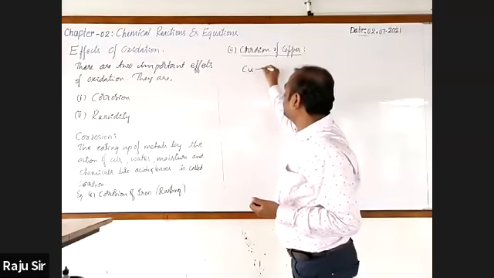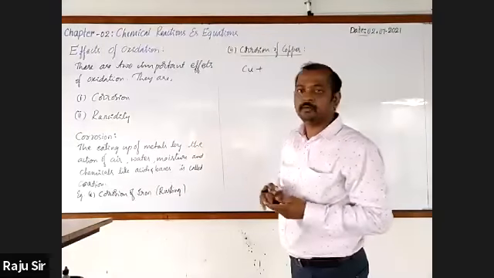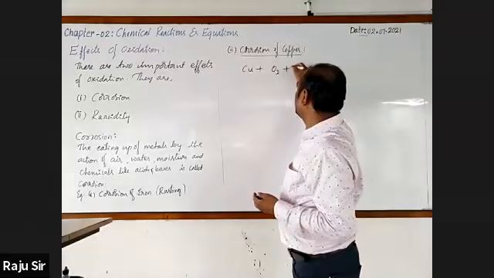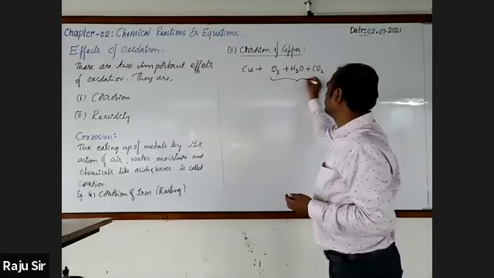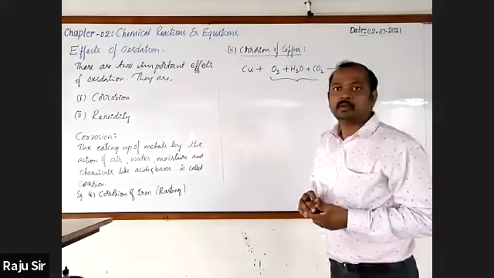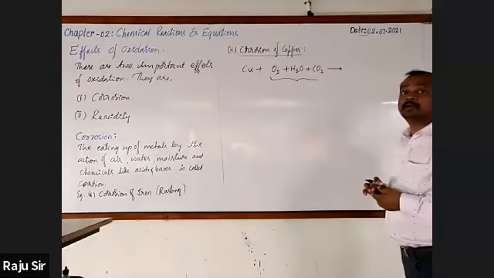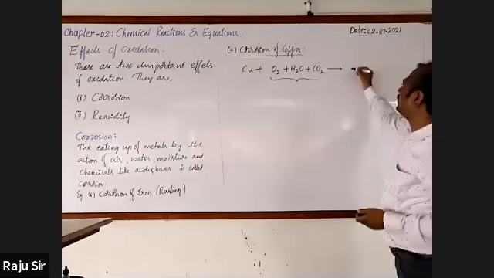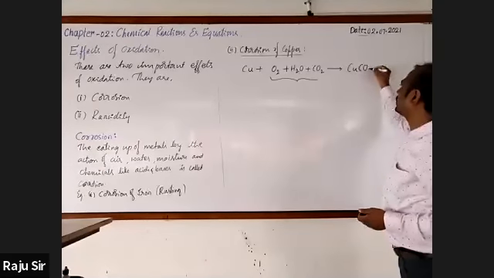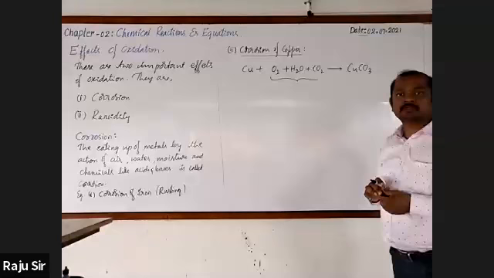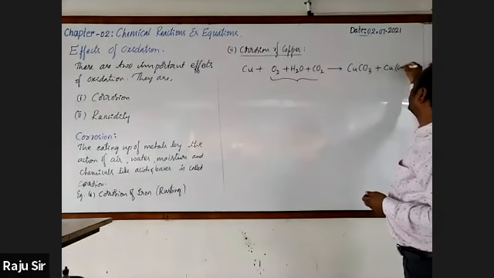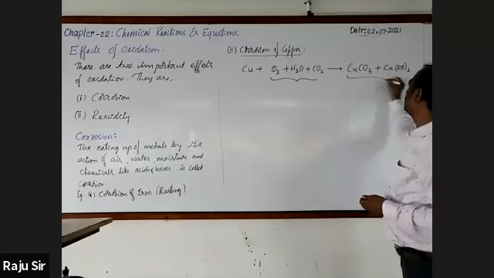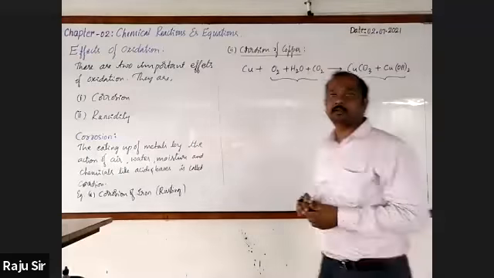When copper reacts with moist air, that is, when it reacts with oxygen, water, and carbon dioxide, it produces a green material, which is the combination of copper carbonate, CuCO3, and copper hydroxide, Cu(OH)2.